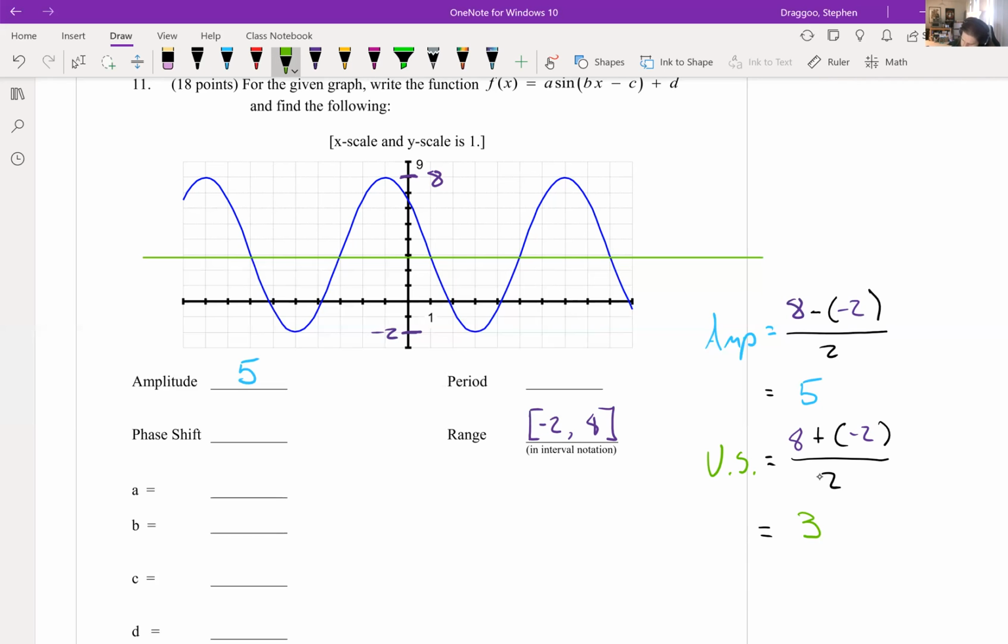Oh, you know what? This one was totally in yellow, wasn't it? I do remember what I put it in now. Okay, so we found a vertical shift and I drew it into the graph because that will help us out.